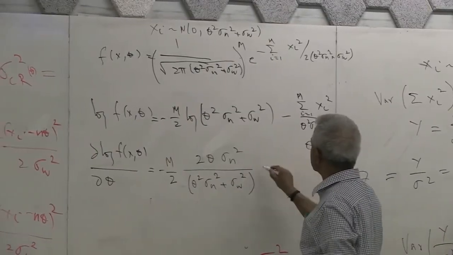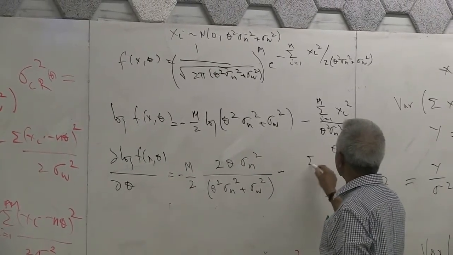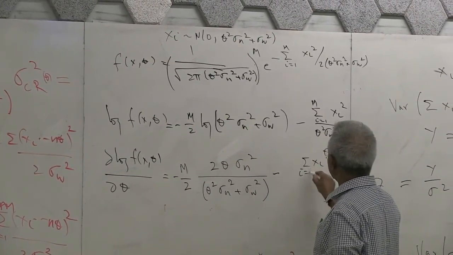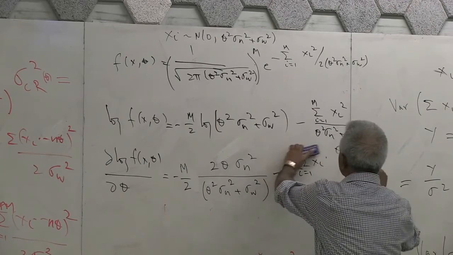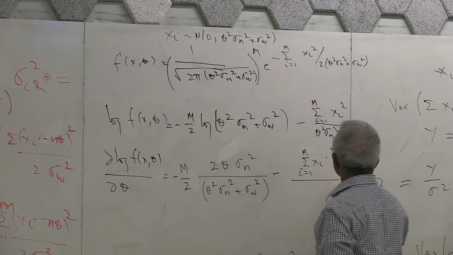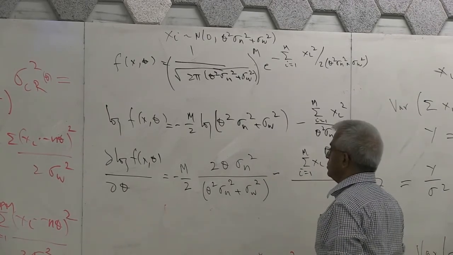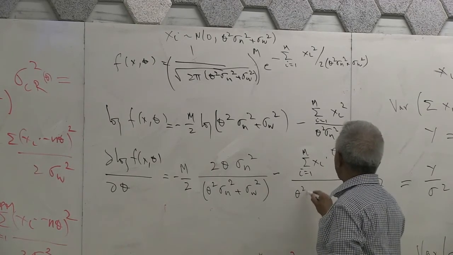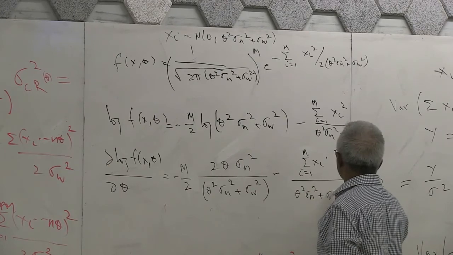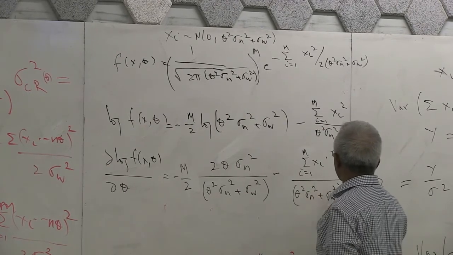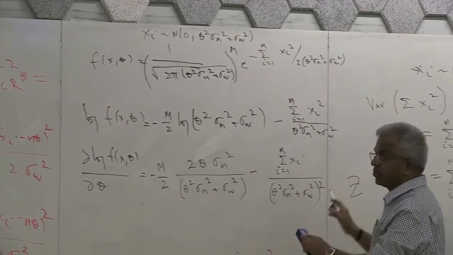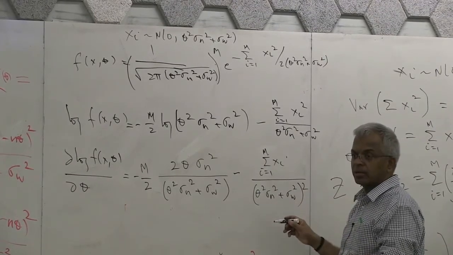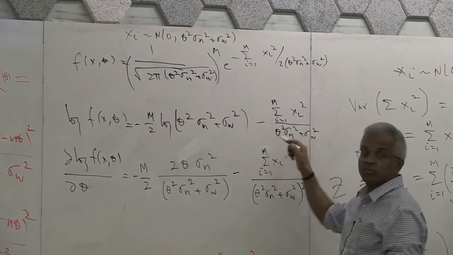Anyway, you have to check it out. And then the derivative of this is minus sigma xi squared, i equal to 1 through m, over theta squared sigma n squared plus sigma w squared. So the derivative of this is 1 over x, which is minus 1 over. What is the derivative of this quantity with respect to theta?